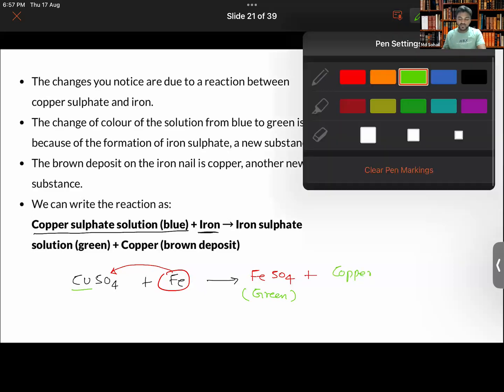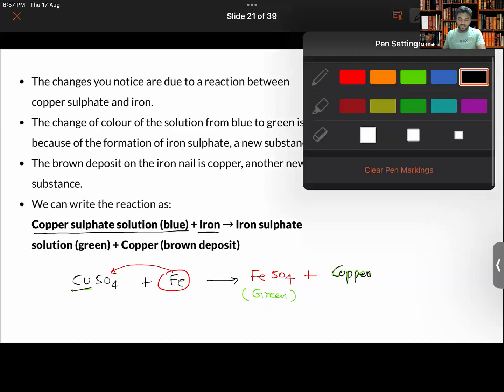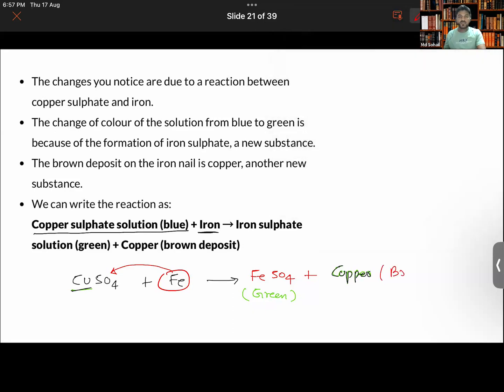This copper will also remain in the same beaker. It will be a brown deposit over here, right? So the change of the color of the solution from blue to green is because of the formation of iron sulfate. That is the new substance here. And the brown deposit on the iron nail is copper, another new substance.